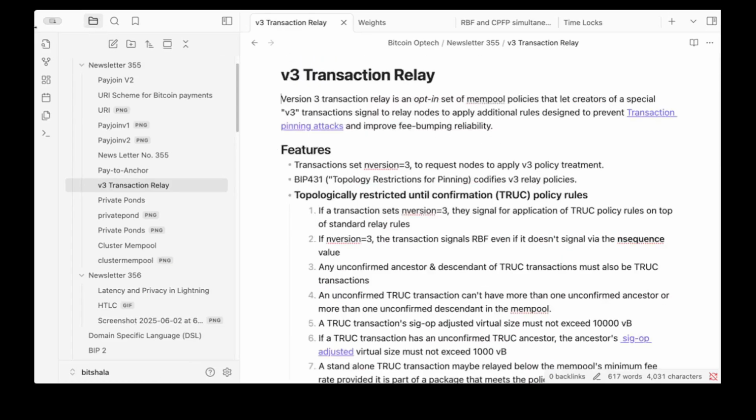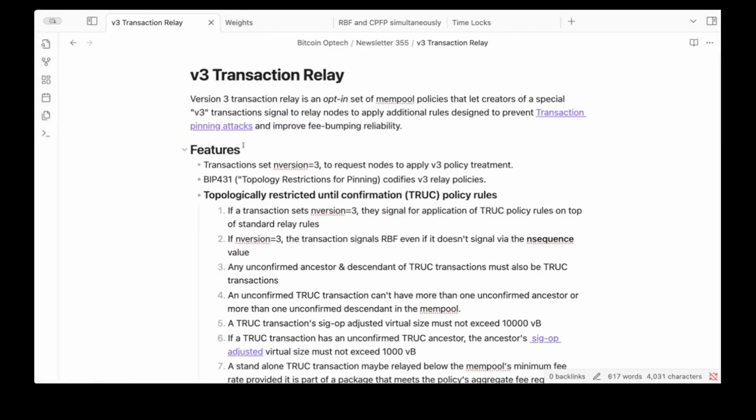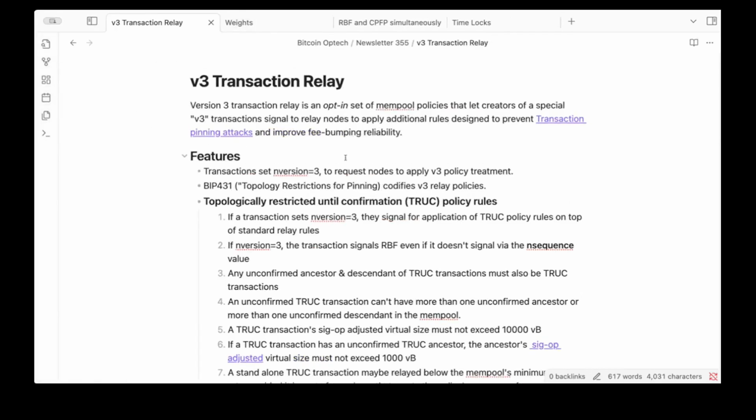In order to understand pay to anchor transactions or outputs, we need some understanding of V3 transaction relay policies. While constructing a transaction, the first field in any raw transaction is its version number.